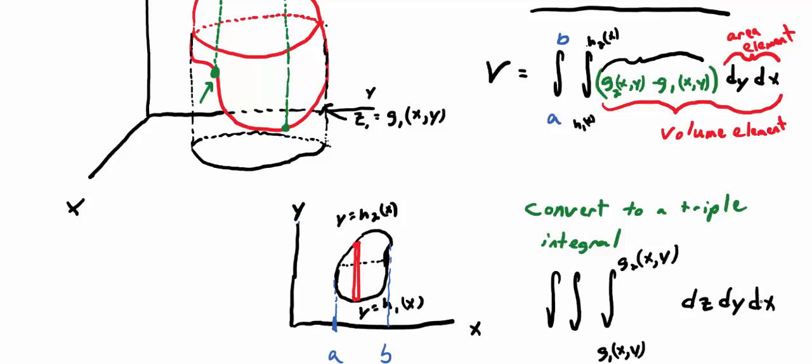There are five other orders you could set up this integral in, if you could possibly evaluate it. The other limits don't change: h1 of x to h2 of x, and then a to b. And this is one possible order.